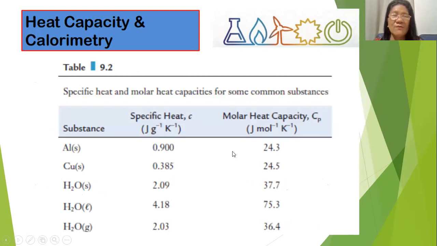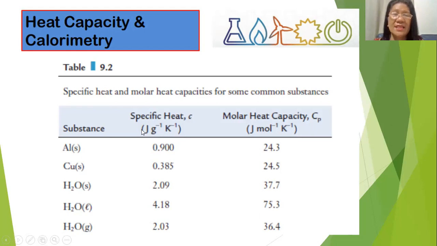These are the specific heat capacities of some substances: aluminum, copper, water. Water has three forms: solid, liquid, and gas. So these are its specific heat constants. Take a look, the water in solid, liquid, and gaseous forms differ, and the molar capacities differ too.